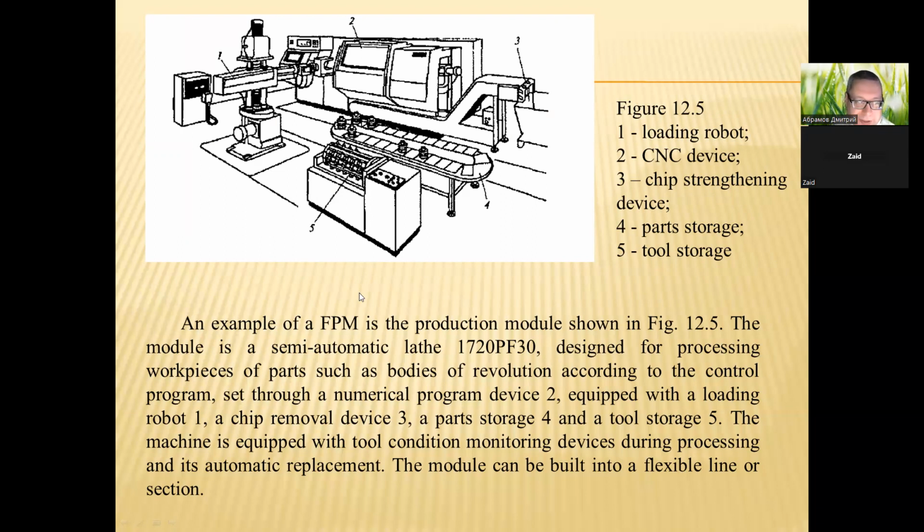So the module is a semi-automatic lathe designed for processing workpieces of parts such as bodies of revolution according to the control program set through a numerical program device 2 equipped with a loading robot 1, a chip removal device 3, a part storage 4, and tool storage 5.